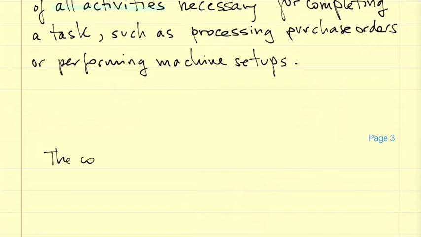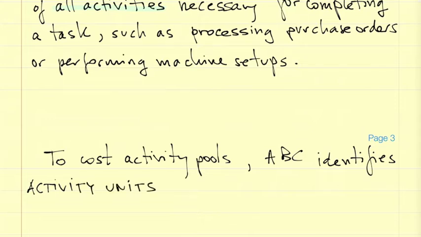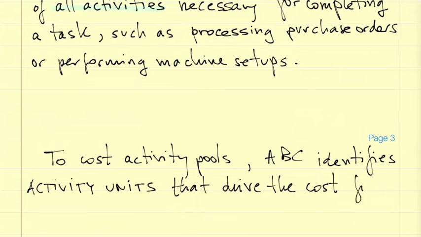In order to cost activity pools, activity-based costing identifies activity units that drive the cost for each pool.